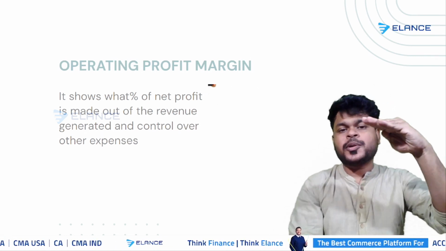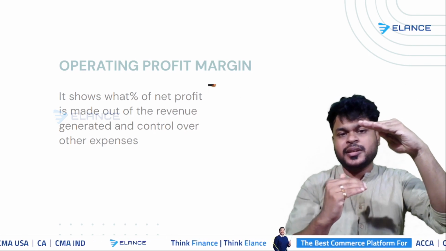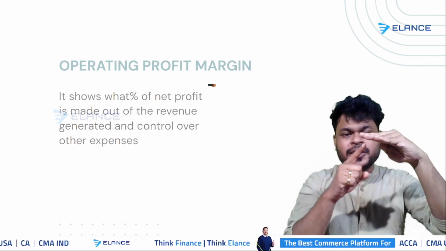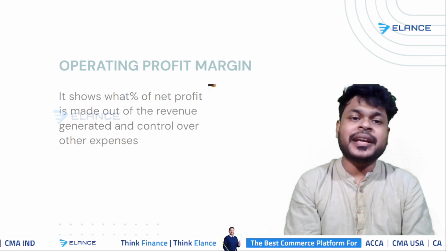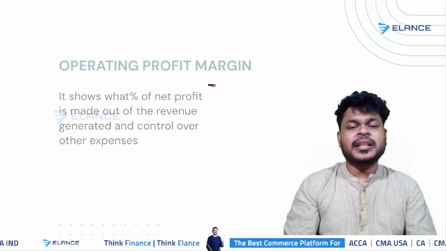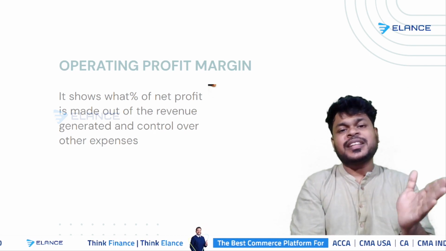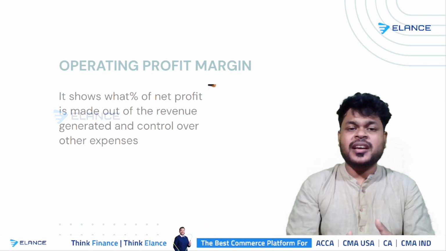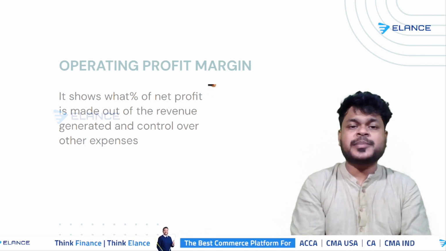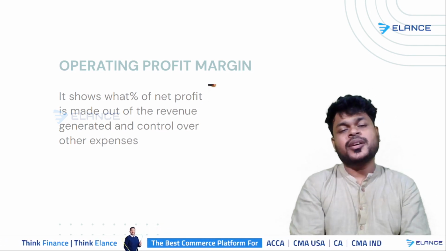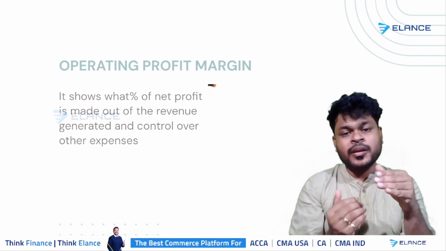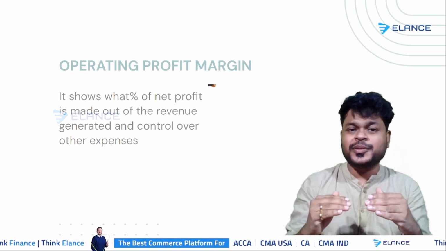Your gross profit and net profit are different only because of certain things which come in between them. Those are operating expenses or other expenses. So when these expenses are at a higher rate, automatically your net profit ratio falls down.